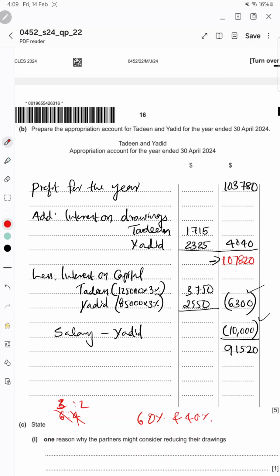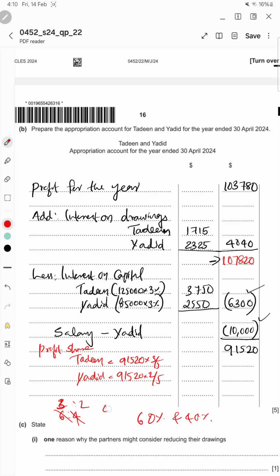So the profit share: Tadin will be 91,520 into 3/5, and Yadid will be 91,520 into 2/5.